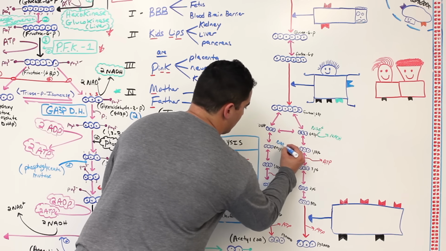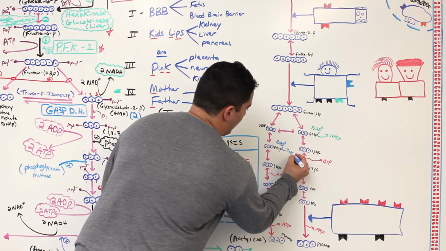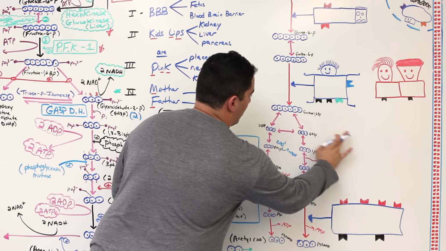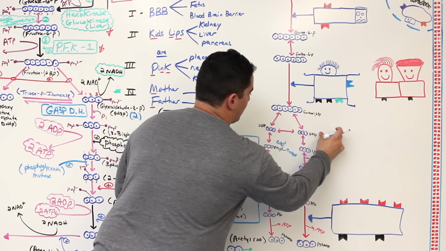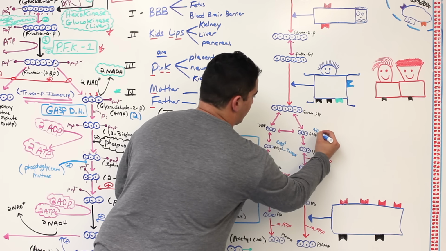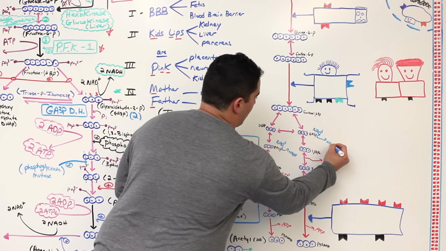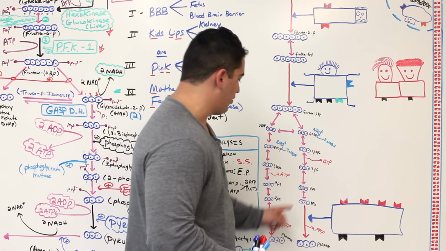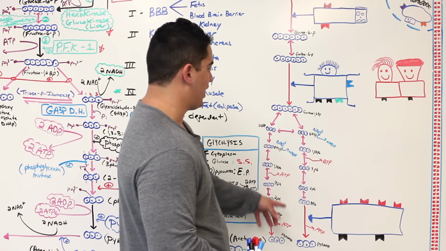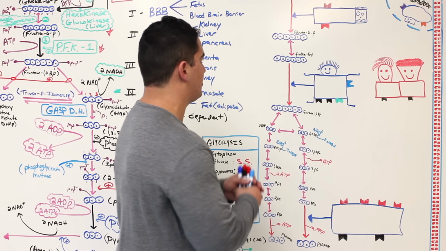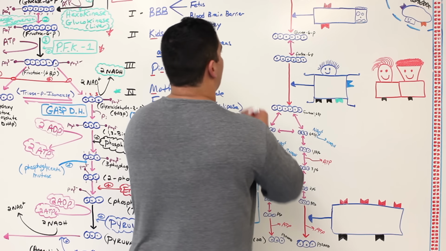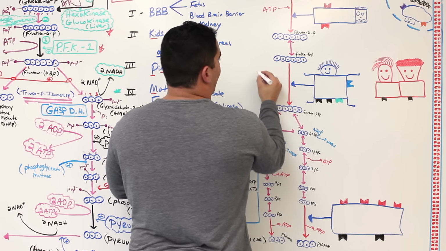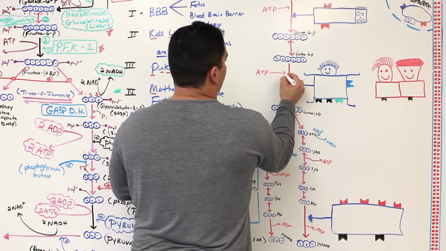So NAD plus to NADH. And to keep it consistent, NAD positive to NADH in this step here. Okay, so out of this, if you guys remember, we generated 1, 2, 3, 4 ATPs, but that was gross. We generated 2 NADHs, and we put 2 ATP into the system. An ATP here, and an ATP here.